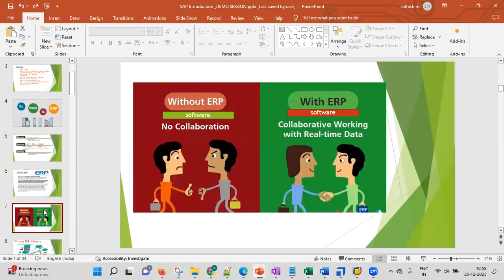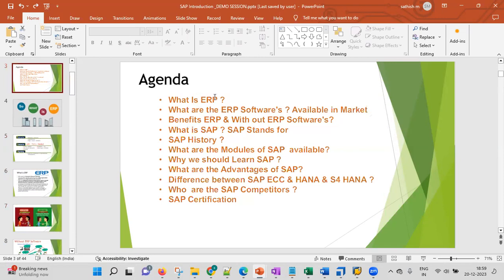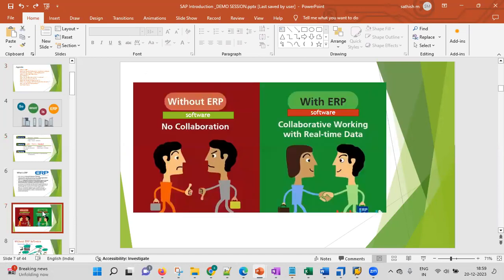Now, with ERP and without ERP, the benefits. We have learned what ERP is and what ERP software is available. Now you see with ERP and without ERP. You can take many examples.